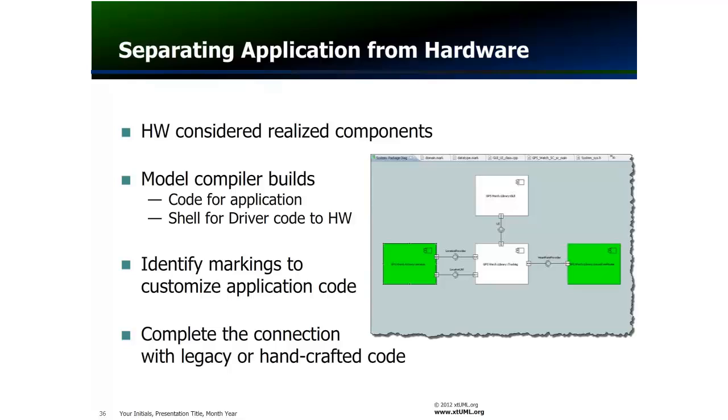For components that are implemented as hardware, the model compiler will view them as realized components, with their associated driver code integrated into the application using the techniques demonstrated during the earlier episode on using the xtUML process with legacy code.